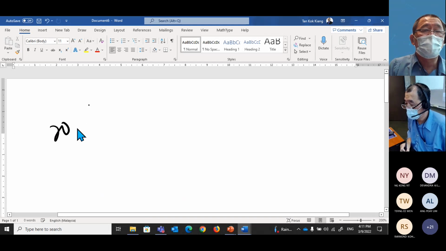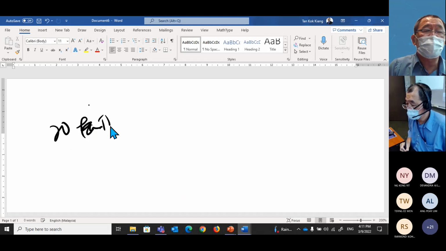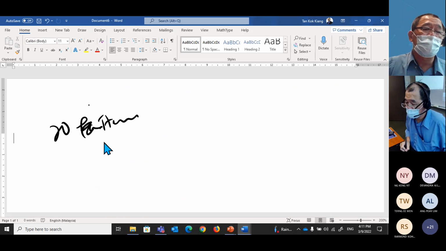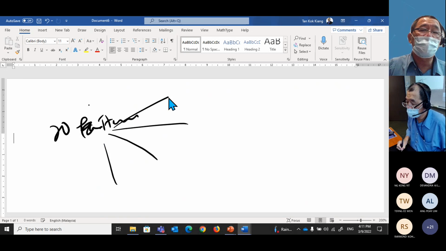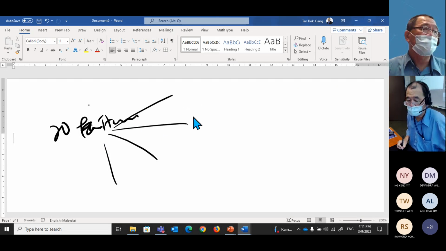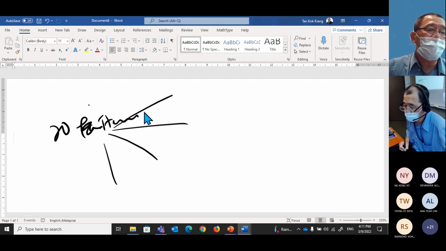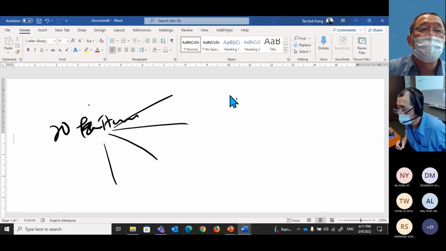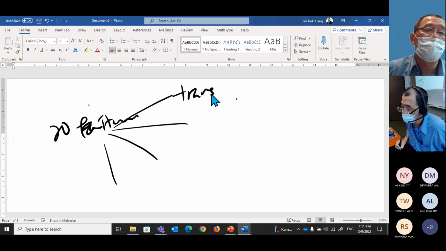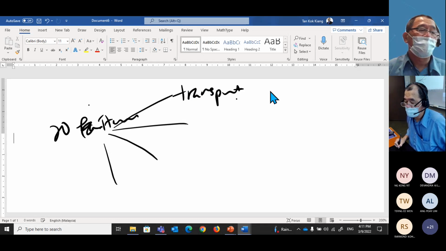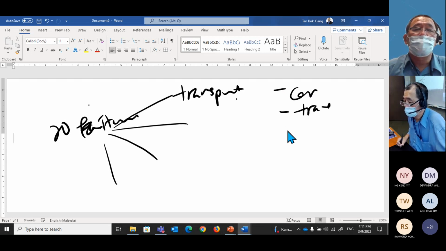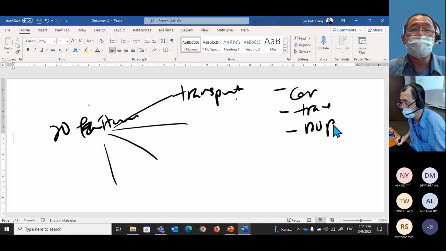Let's say you have 20 items; because there are too many, you can group them into maybe four or five categories. For example, why do some employees always come late to the office? They may give some reasons, maybe because of transport, for example the car breakdown, the traffic jam, or no petrol.